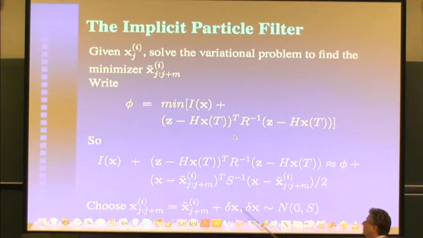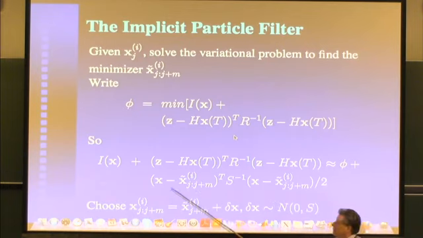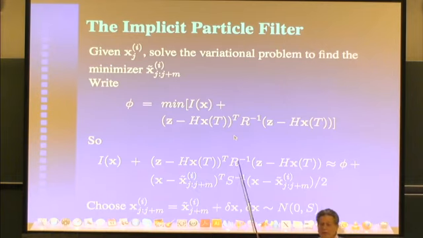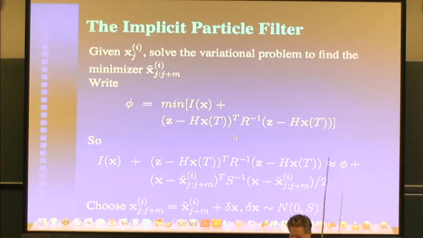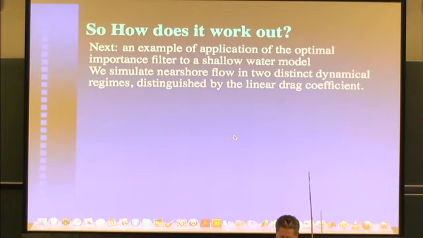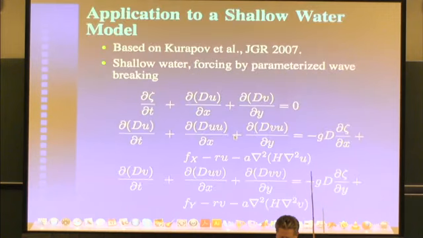And now to get my guess at this particle, I sample a Gaussian distribution with mean x tilde and covariance S inverse. Of course, calculating S inverse could be a bear, but I have ideas on how. I've actually done that. Next, I'm going to show you how this all works out when you do it. I hope that you followed me this far.